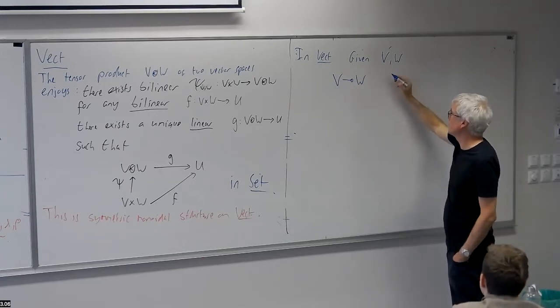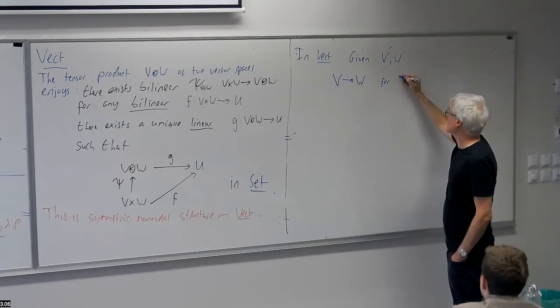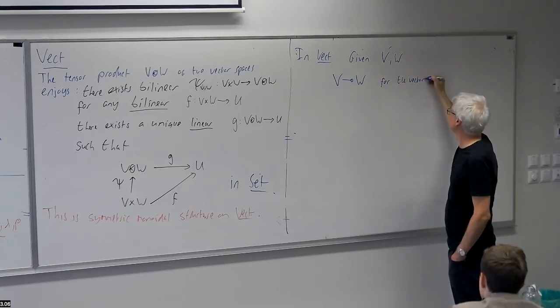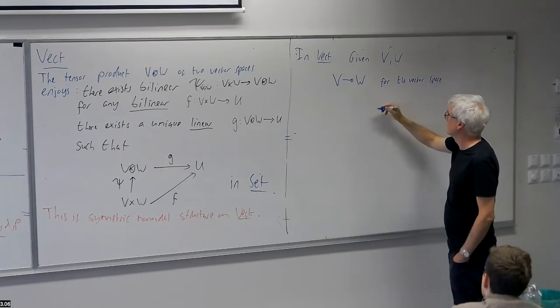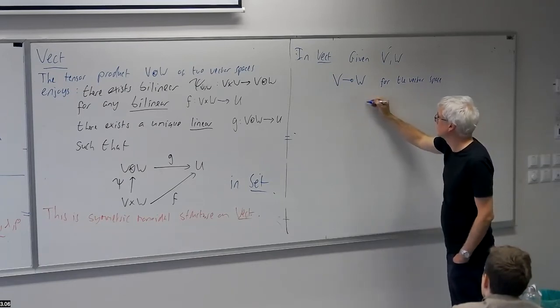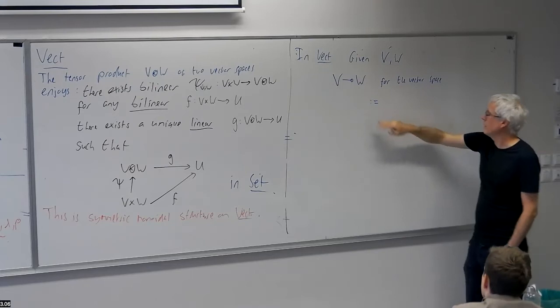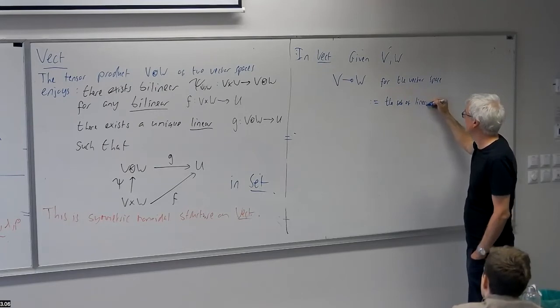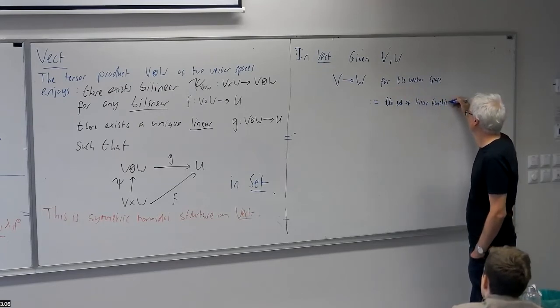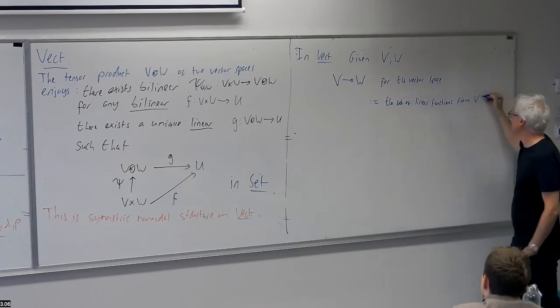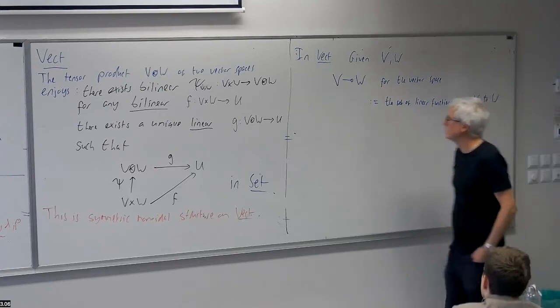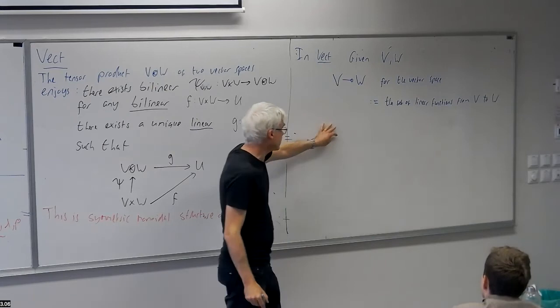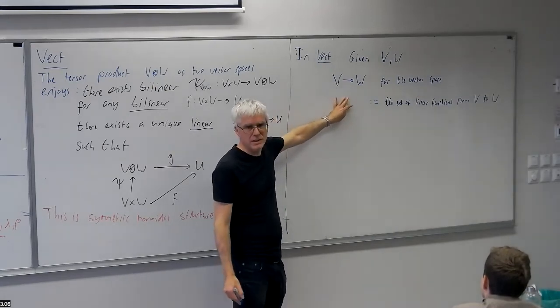Not good notation, but anyway, V lollipop W is the set of linear functions from V to W. We've already basically considered this in an earlier lecture.